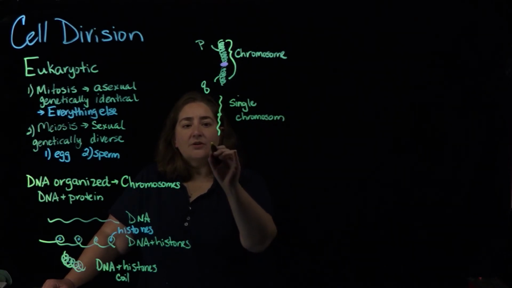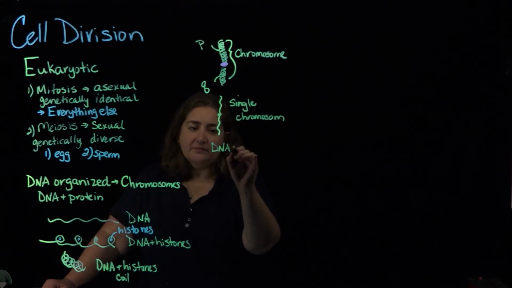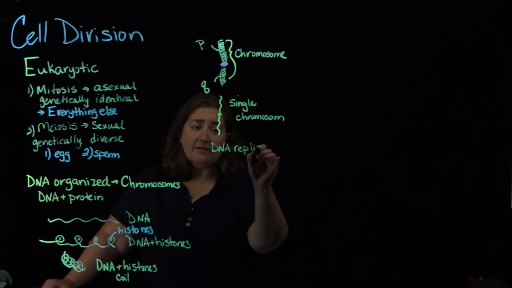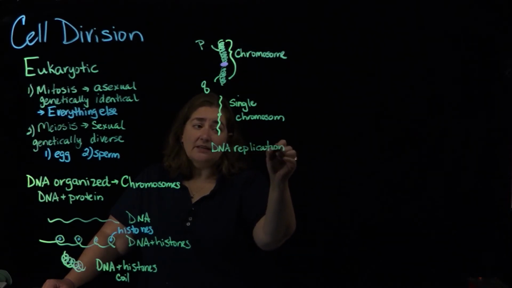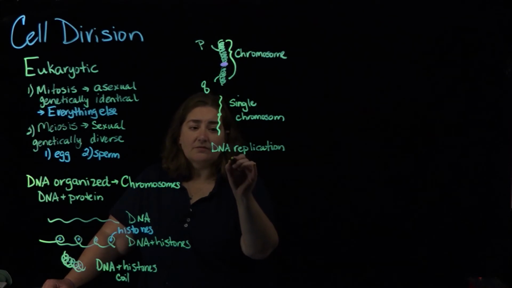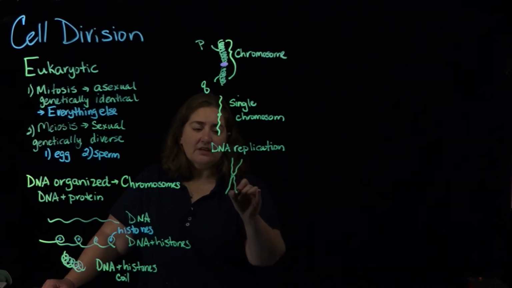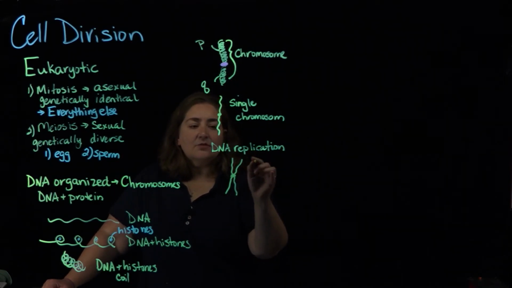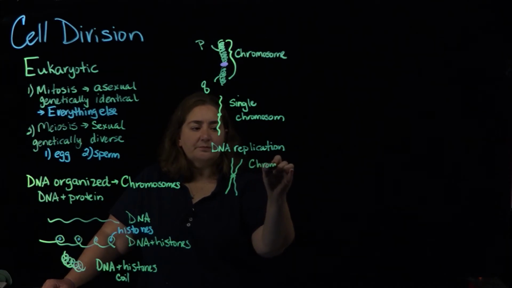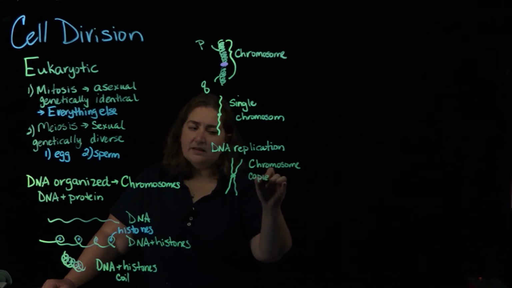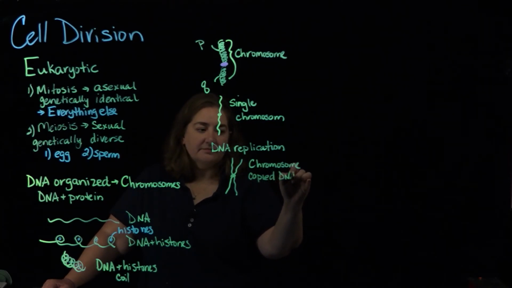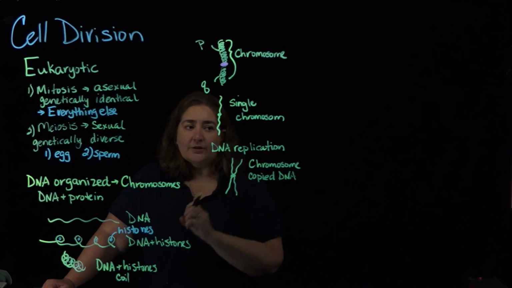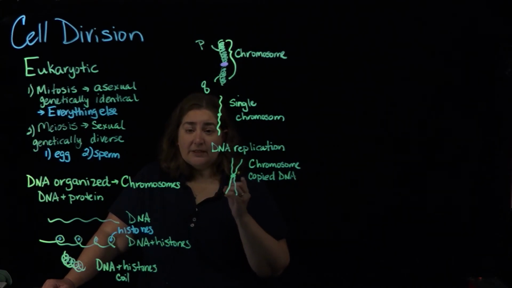When a chromosome undergoes DNA replication, because we're going to have that DNA replicated before we can start cell division, how I'll draw those, it's going to look more like an X. So this is going to be a chromosome that has copied its DNA. So that's what you're going to look for. The X's mean it's undergone DNA replication.